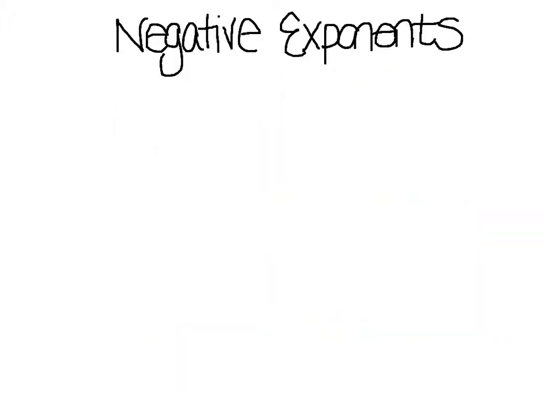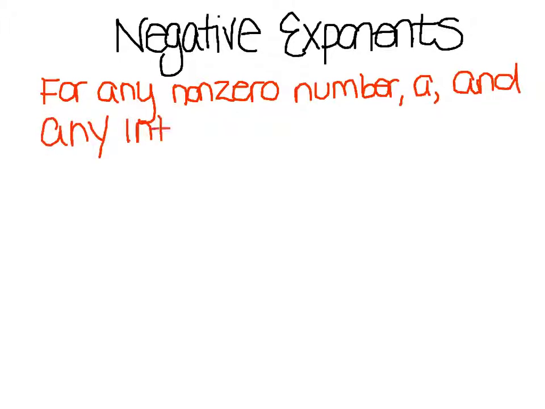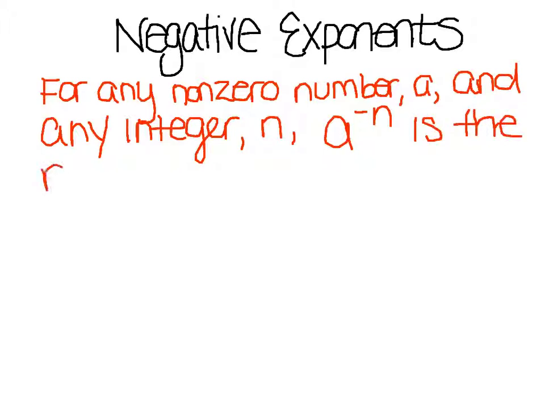Alright, next we have negative exponents. There's really two rules to remember. For any non-zero number a and any integer n, a to the negative n is the reciprocal, a key word right there, reciprocal of a to the n.